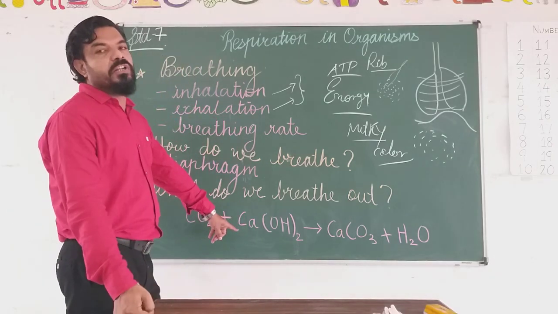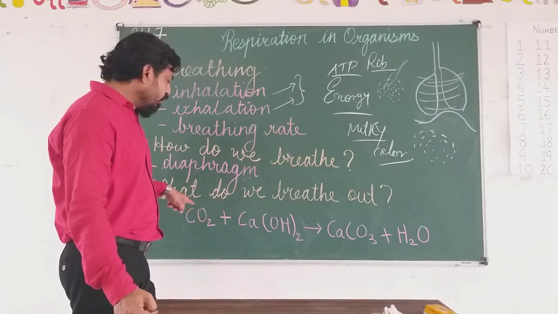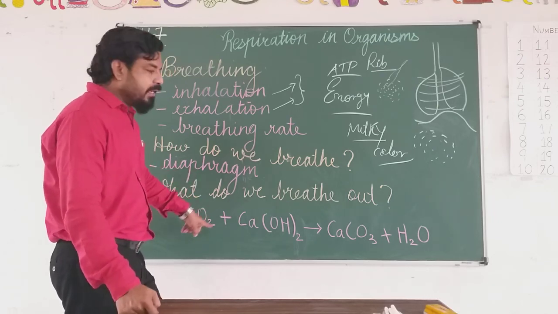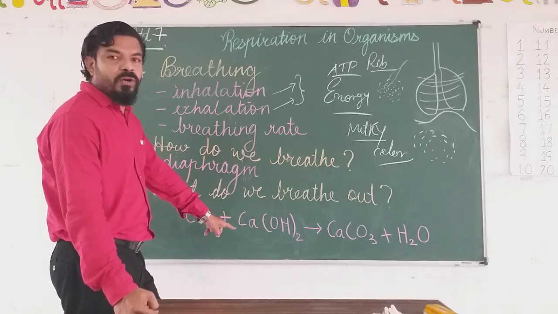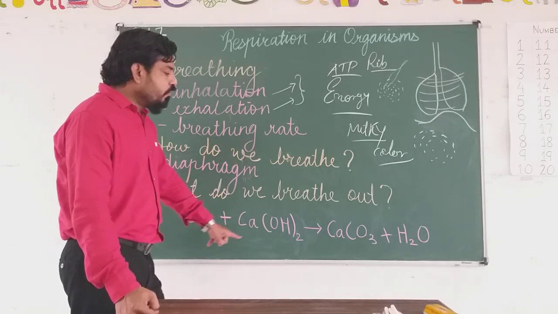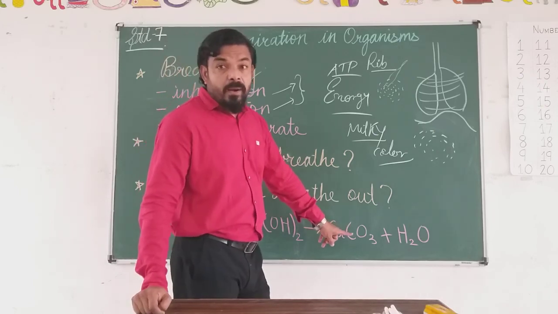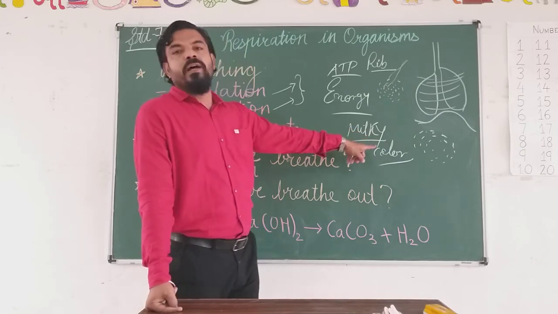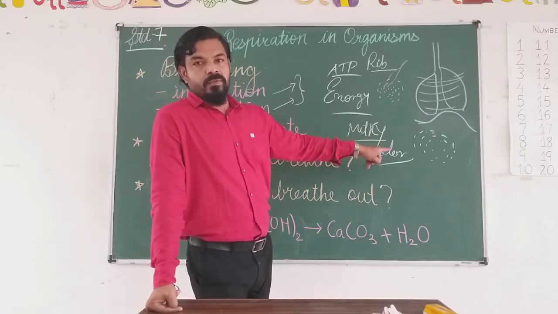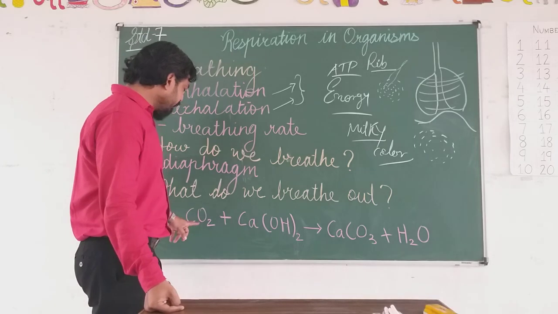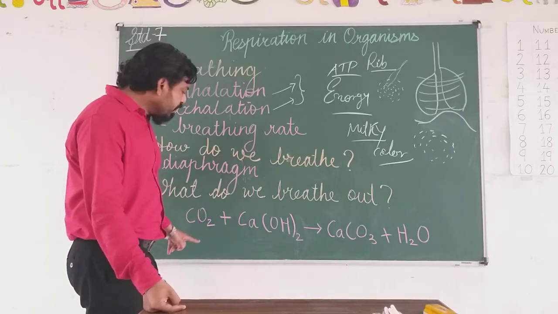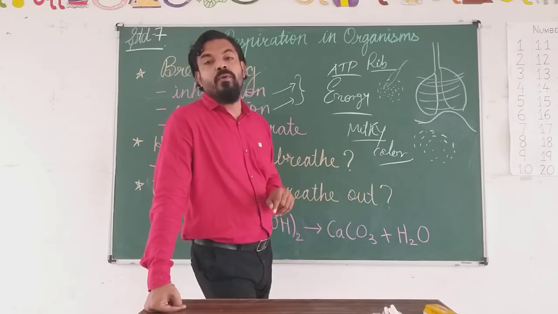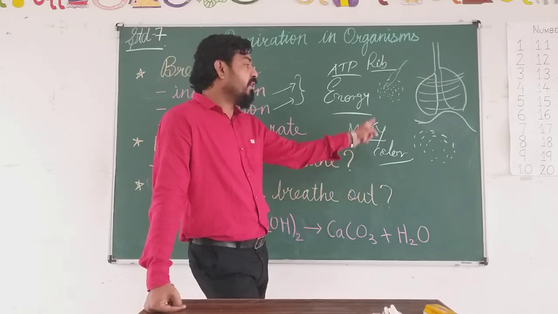In this lime water, when you blow the air, that air contains carbon dioxide. Lime water plus carbon dioxide will give you calcium carbonate plus water. This calcium carbonate will give you a milky color. That's it. So this is the proof. When carbon dioxide mixes with the lime water, it gives calcium carbonate, and this calcium carbonate has the milky color.